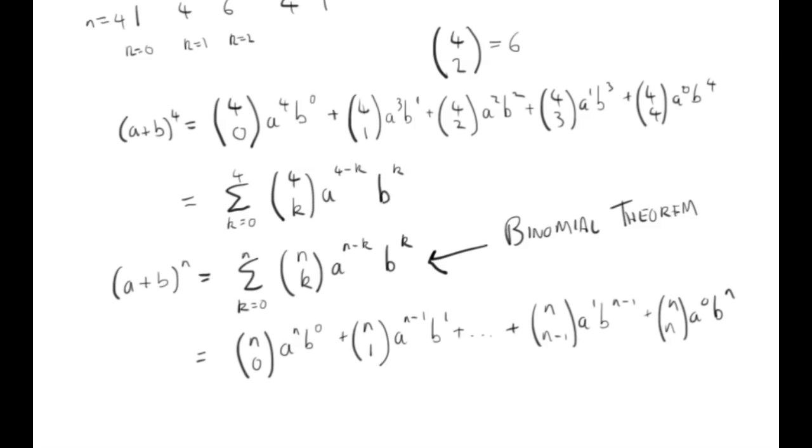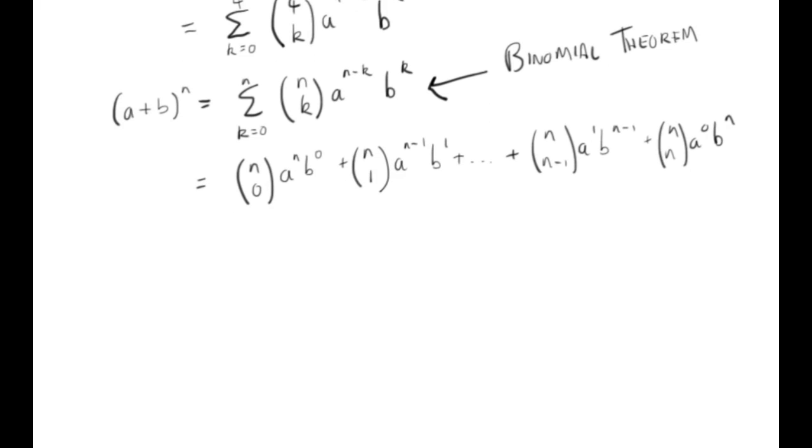So let's have a look at an example. Earlier on I was able to quickly expand out (a plus b) to the power 3. Using the binomial theorem, we have 3 choose 0, a to the power 3, b to the power 0, which I'm just going to ignore.